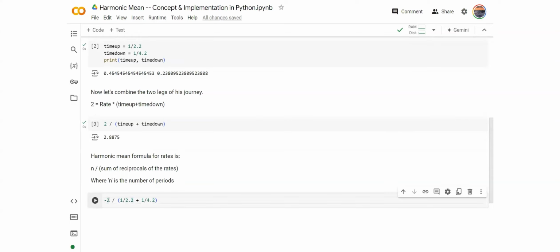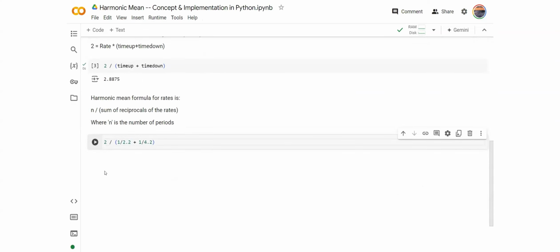And that is an errant minus sign that is now cleaned up. But taking 2 and dividing by the reciprocals of the two rates yields 2.8875, which once again brings us back to the harmonic mean for this absent-minded professor's running journey, scrambling up and down this 1 mile long hill to get the laptop charger for class.